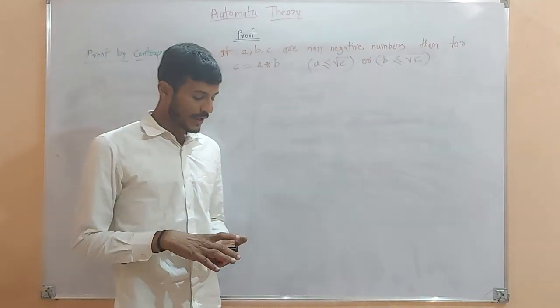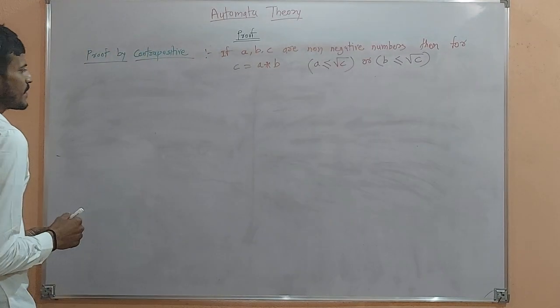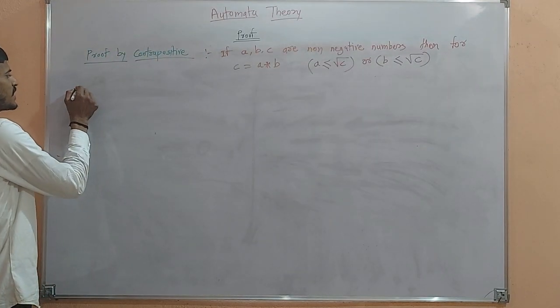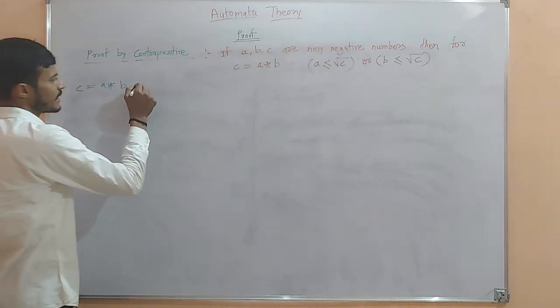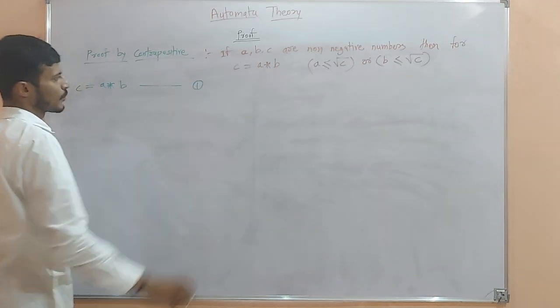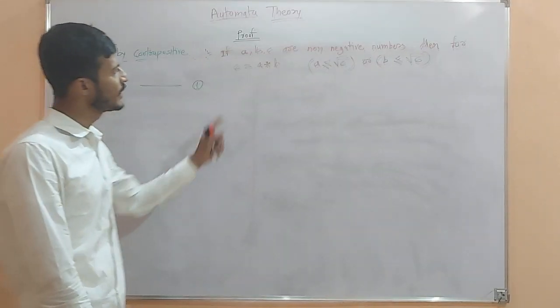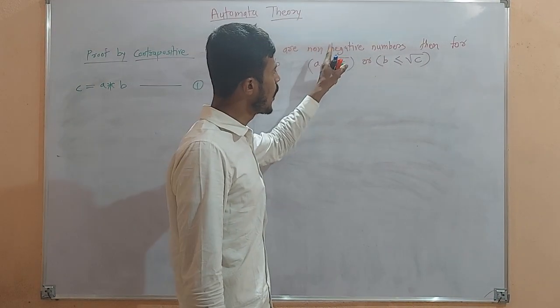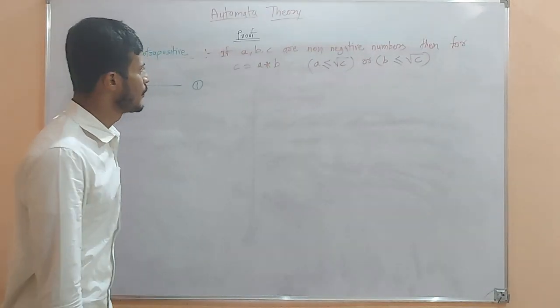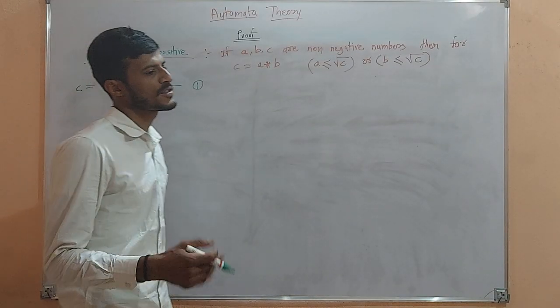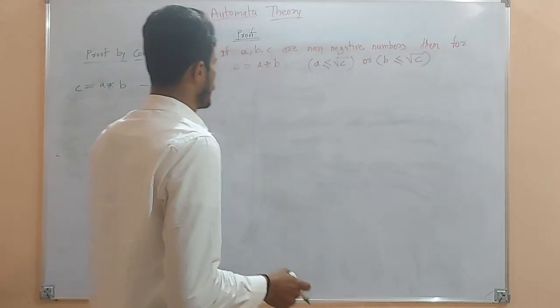So let us see how we are going to prove this. As I mentioned here, C equals A multiplied by B. Let us say this is equation number 1. And what they have given: A, B, C are non-negative numbers, so we have to discuss only positive numbers.